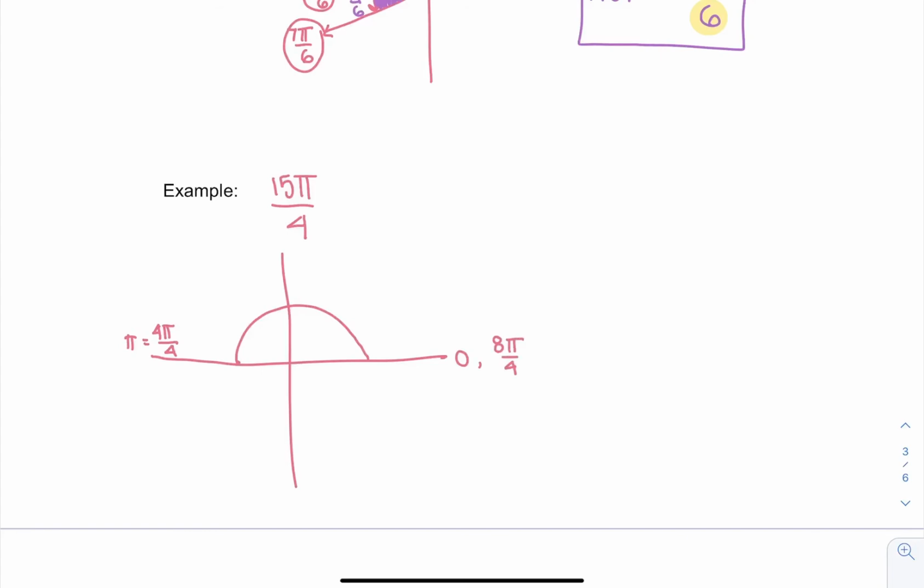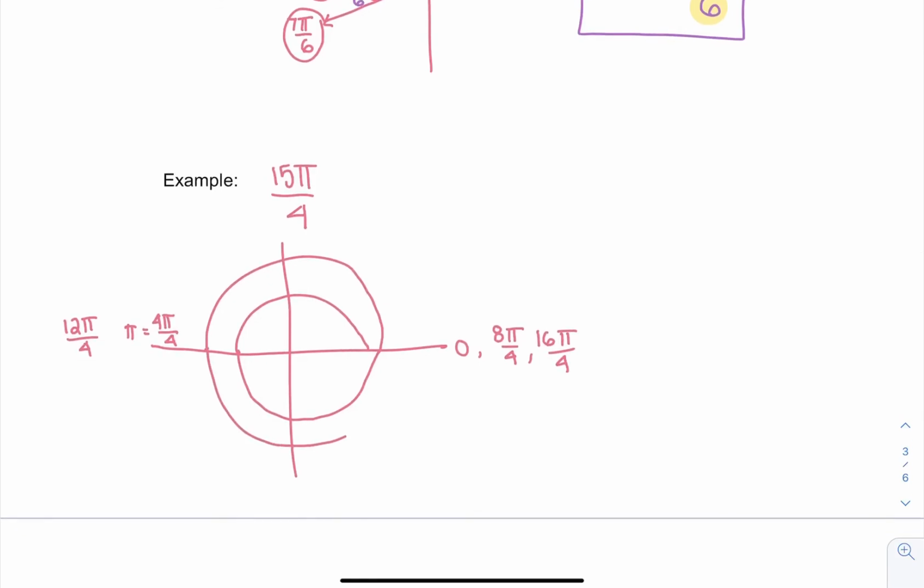So now I spun 8 pi over 4. Then I got around again. Now I'm at 12 pi over 4. If I spun all the way around, I'd be at 16 pi over 4. That's too much. So I'm going to go one less than that. And I finally end up at 15 pi over 4.